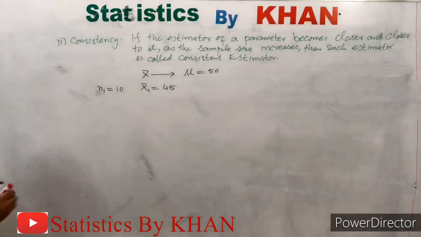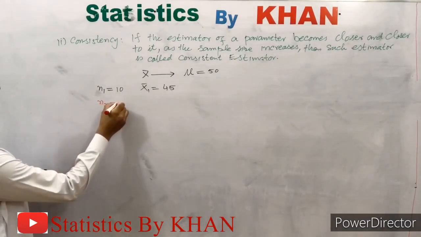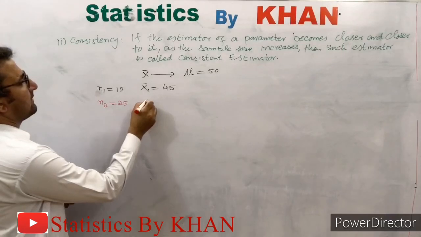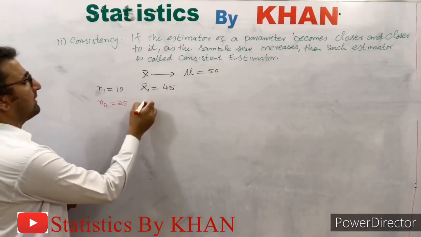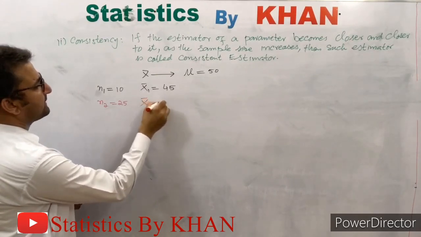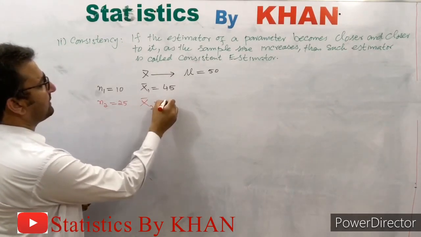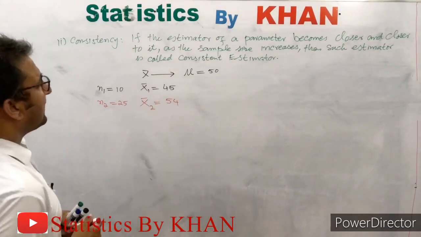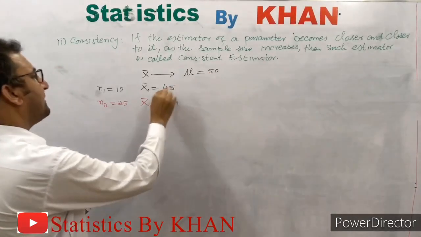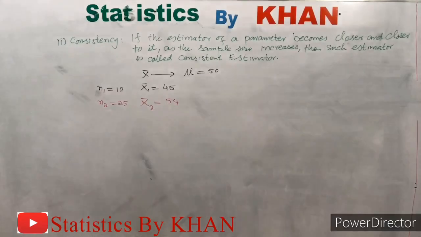Next, we took another sample of, let's say, 25 observations and computed from this sample the sample mean again, and suppose it gave 54. So now this 54 is closer to 50 as compared to 45. Why?